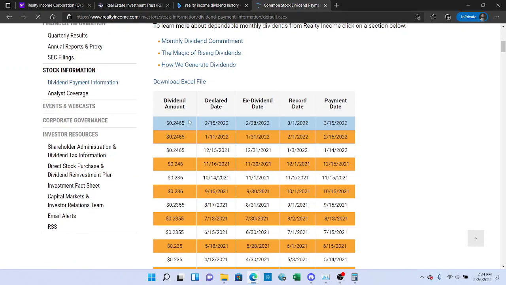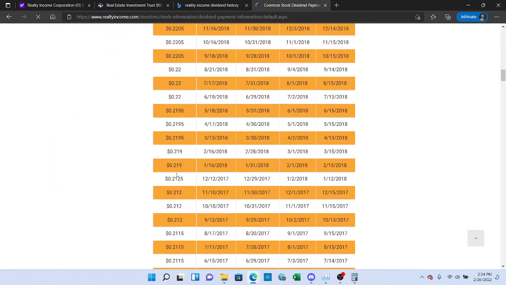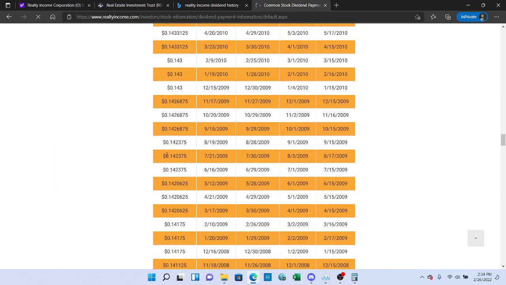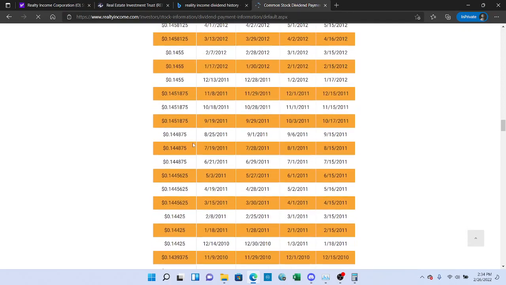So here you could see that every month they're actually paying out a dividend of about 24 cents. And you can see that they've been consistently doing this for a while. And if we go all the way to the beginning, well, maybe not all the way to the beginning because this is a lot of dividend history, you can see that every month they're paying a dividend. It's actually increasing ever so slightly.